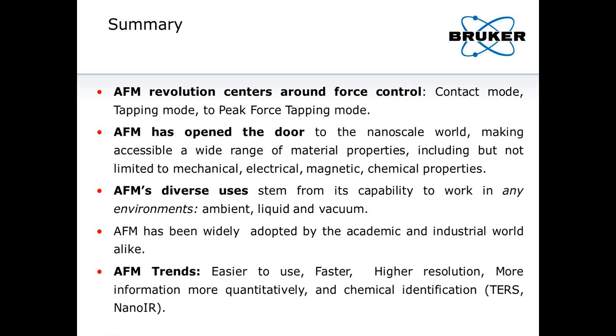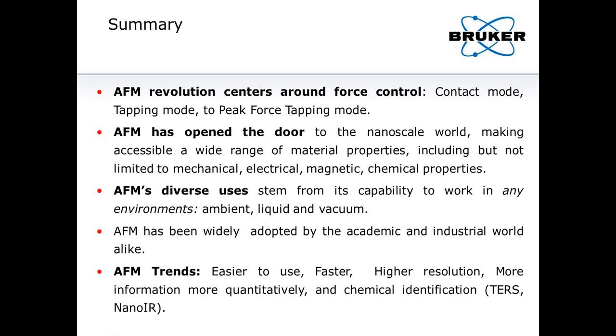Okay, and maybe related questions there. PeakForce tapping can be used in fluid, was a question, and how do you tune? That's a very good question. For PeakForce tapping mode, you can use it in fluid and in air, everywhere. Actually, it's much easier for it to work in air if you compare that with tapping mode.